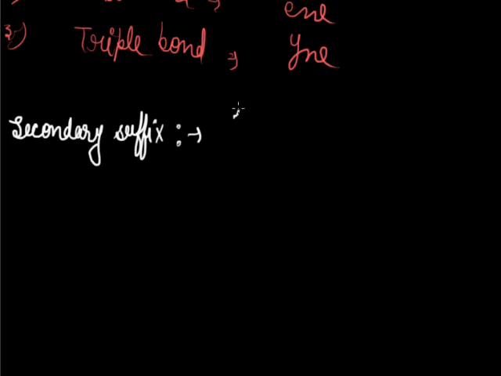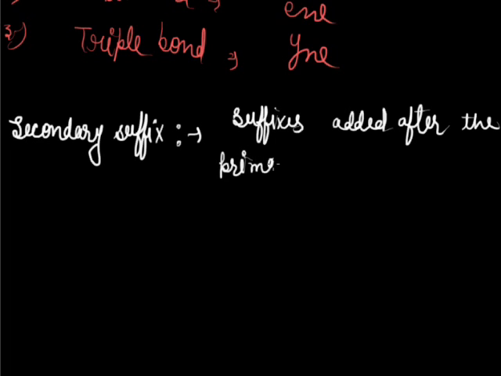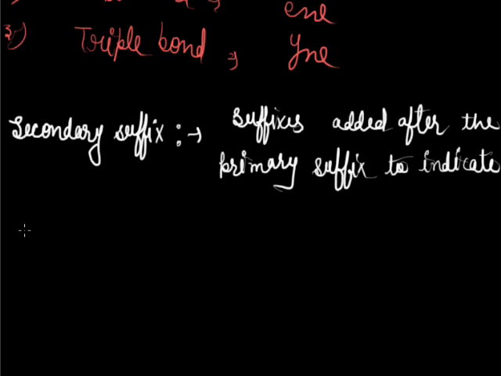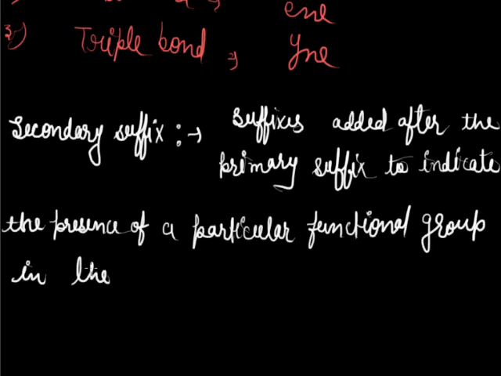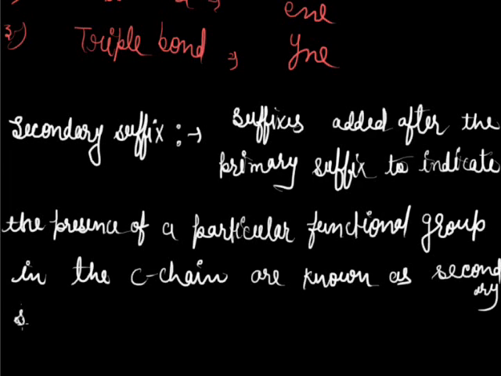So we can write: suffixes added after the primary suffix to indicate the presence of a particular functional group in the carbon chain are known as secondary suffix.